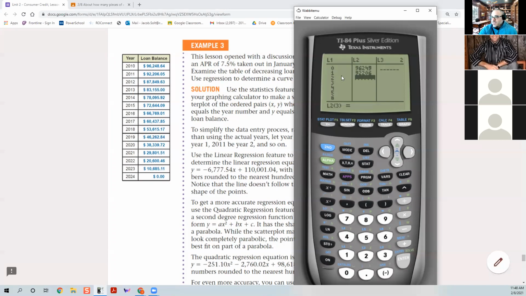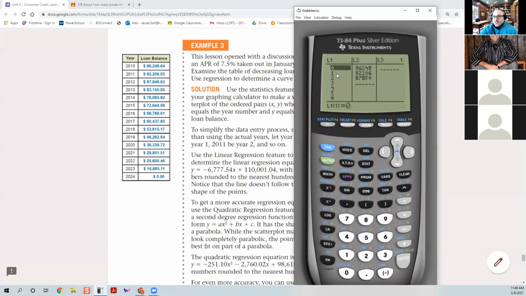Mr. K, you want to explain what's going on, what you're thinking? Yeah, when you do this, it would be technically 16, but you want the starting value to be 0 years, so it has the starting value of 100,000, and then at year 1 you're going to put 96,249.